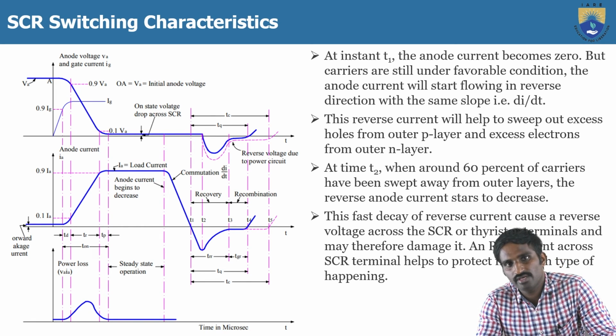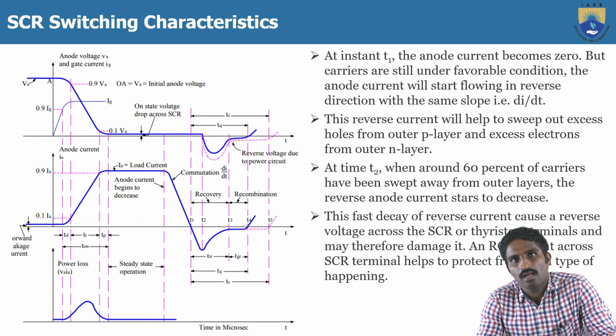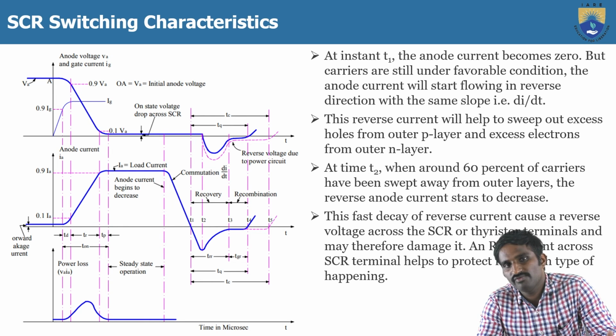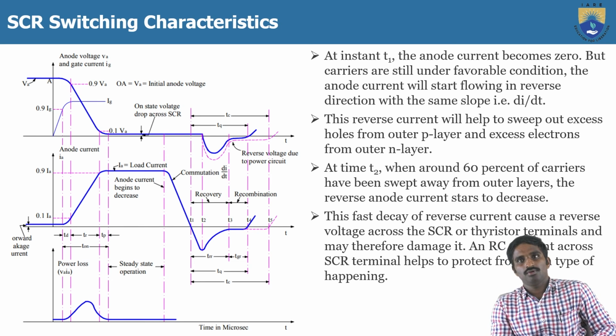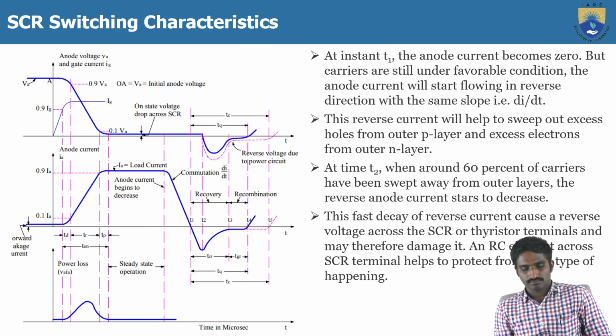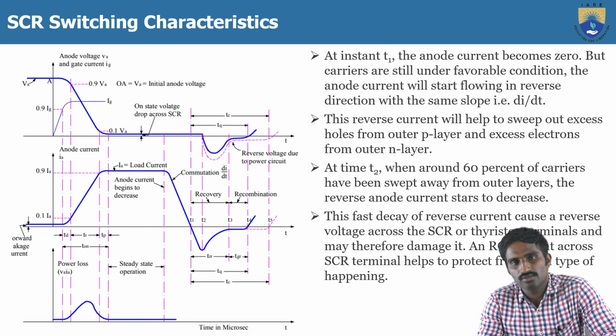When we drop the anode current to zero, we may not have applied the reverse voltage, so the current will still flow in the reverse direction. Because of that reverse current flow, we also get a reverse voltage, and the thyristor may get damaged. To avoid that, we keep an RC element across the SCR terminals. So this is how the turn off characteristics of the SCR work.